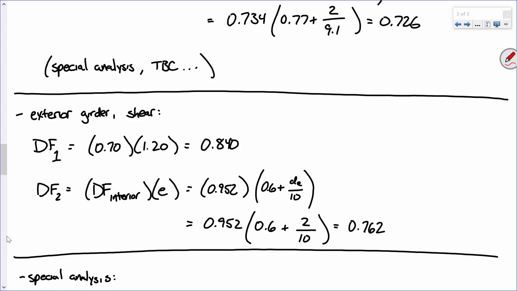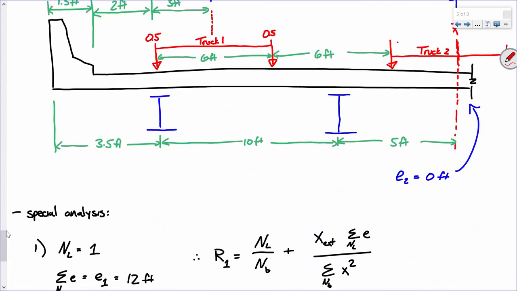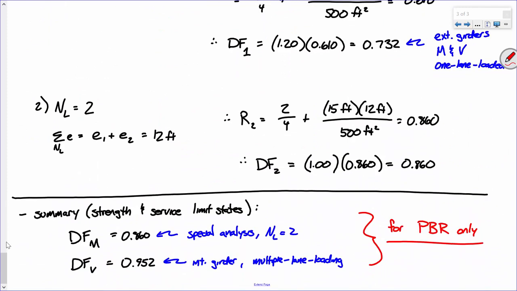So I propose that this shear distribution factor, the 0.952, is going to work across the board. Sound good? Okay. So all we've got to do is moment.